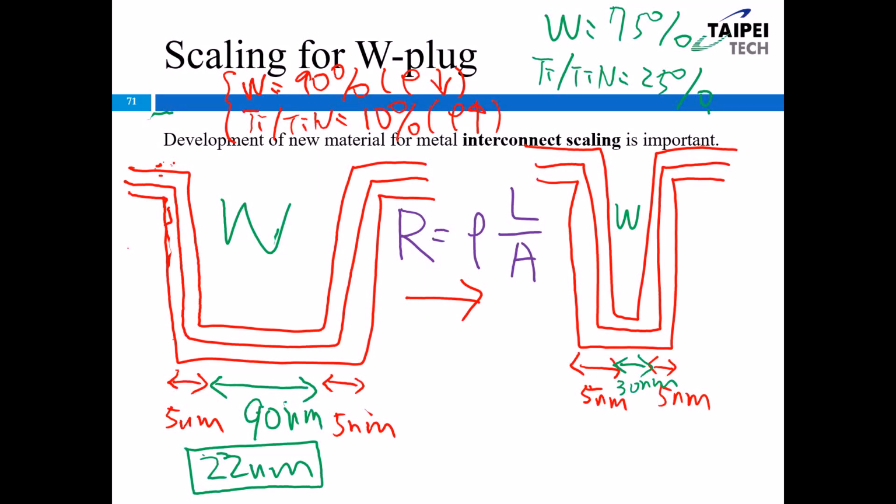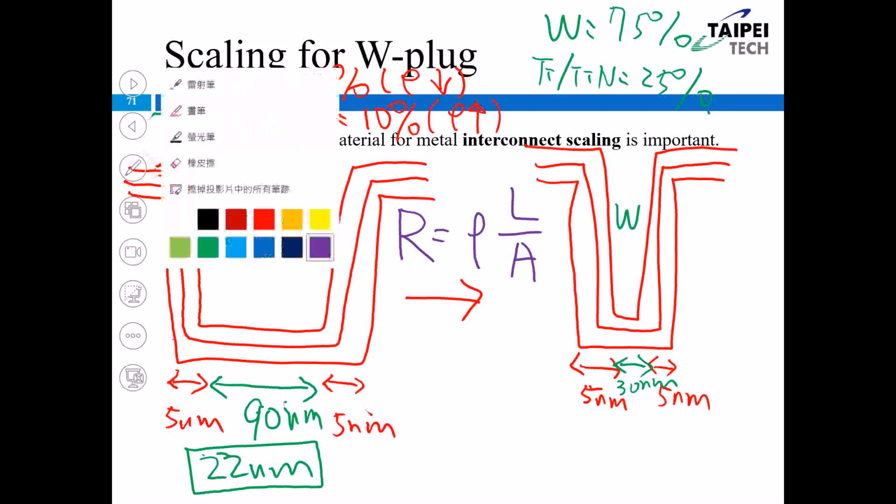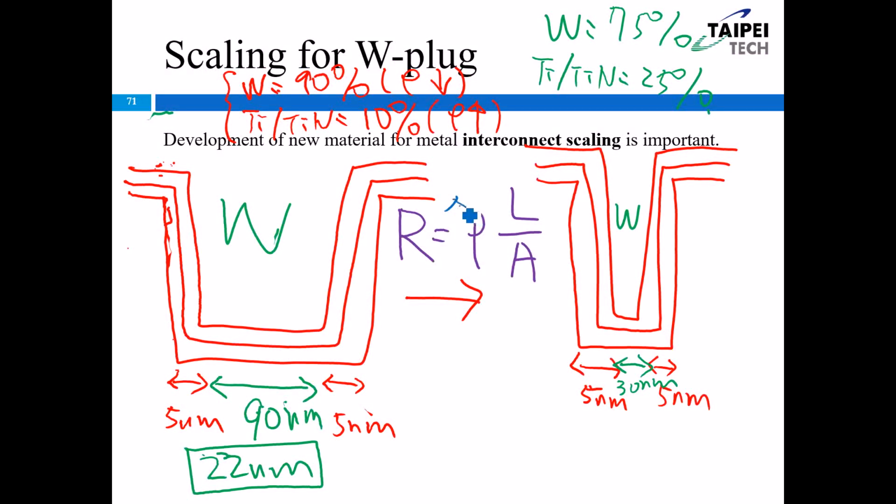It means the total resistivity of this interconnect will be increased, because the tungsten occupies a smaller percentage of the volume, okay?